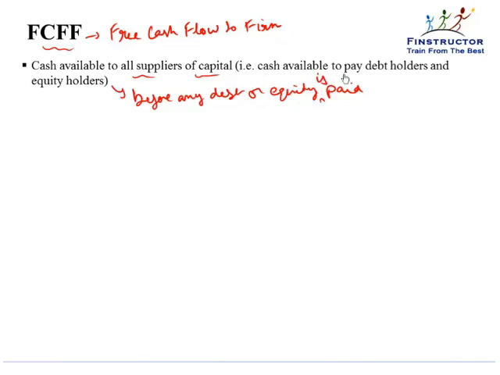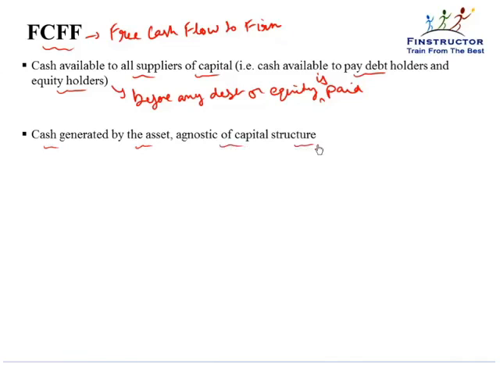That is, with this money, I can choose to pay my debt holders or pay my equity holders whatever amount may be required. FCFF can also be thought of as the cash generated by the asset, agnostic of the capital structure, that is how much debt or how much equity the company has taken.